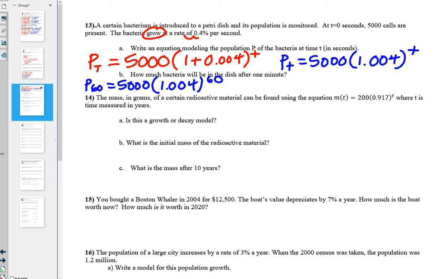And it doesn't tell us what to round to. Assuming that you can't have part of a bacteria, let's just round down. So population after 60 should be around 6353. You got it?